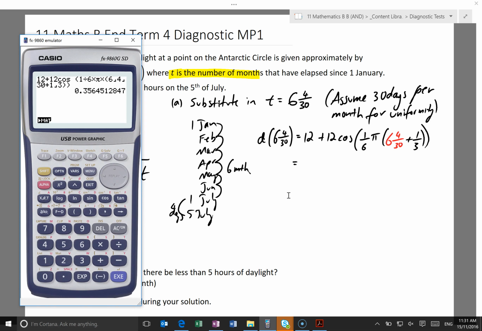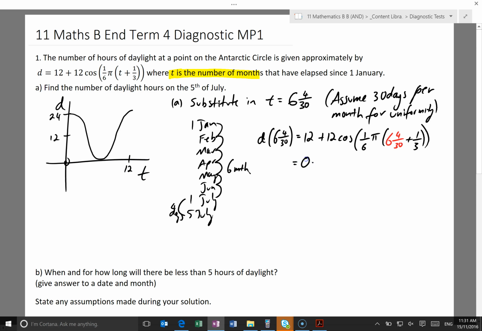I've got something like 0.366. And remember, this is in hours. Okay, so the number of daylight hours is less than half an hour in that day, which sort of makes sense because 6 and 4/30ths would be somewhere near this minimum point, which would be halfway through the year. Okay, so we think this is reasonable.